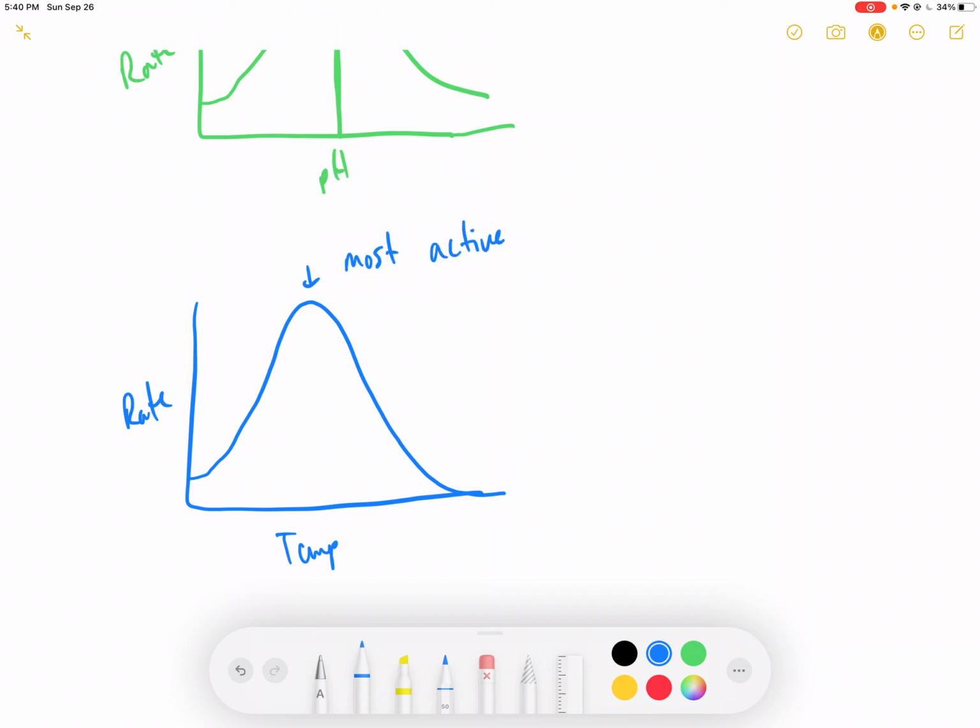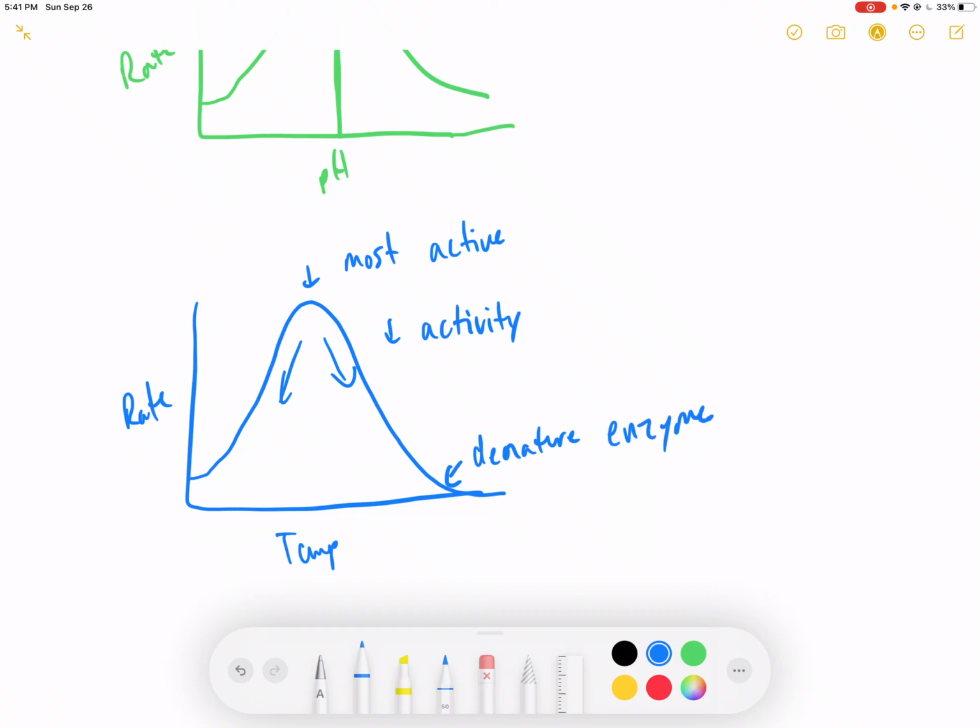If I go lower or higher in temperature, I'm going to lower the amount of activity until we get to around this point. And this is what's going to happen when we denature the protein or the enzyme, where our protein has been unfolded and it starts to denature. This is what's going to happen when we get to high temperatures.